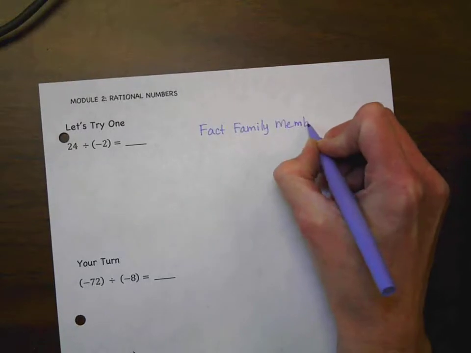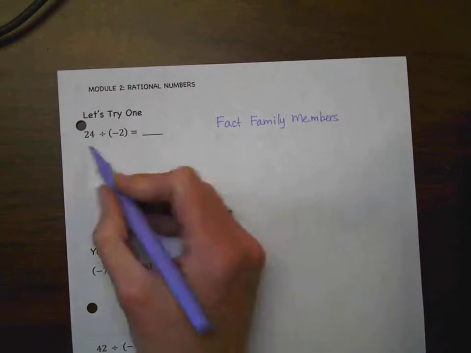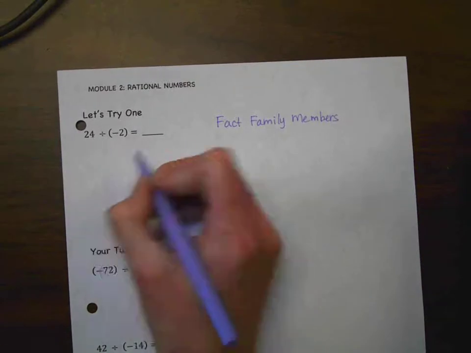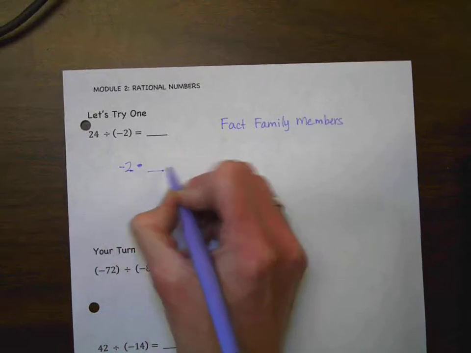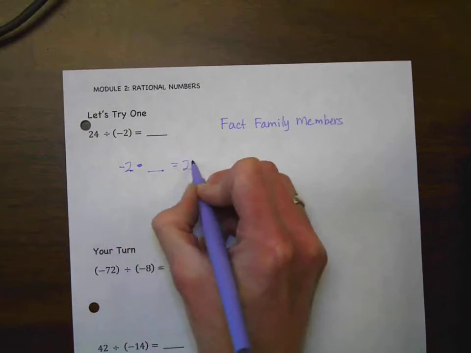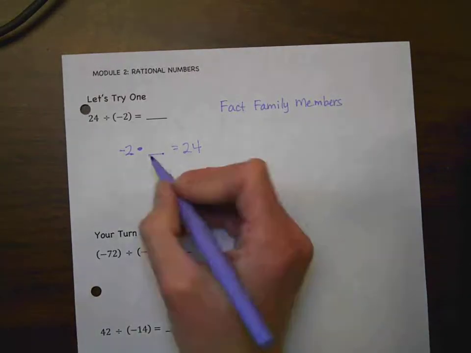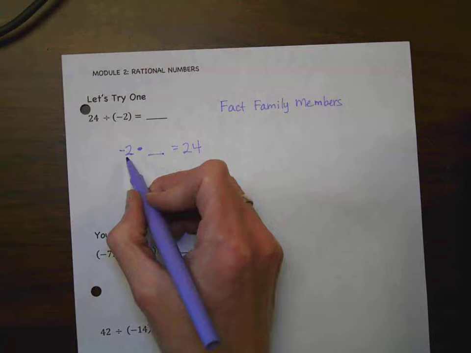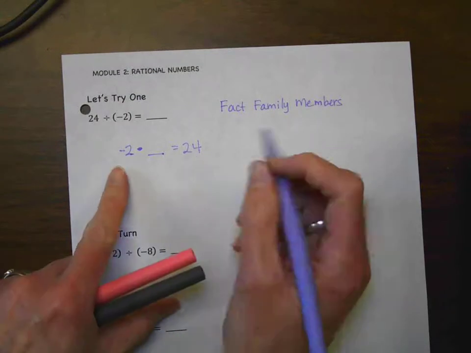Okay, that's our first job. And so we have to ask ourselves some questions because we don't know, but we do know this, that -2 times something is going to give me a 24, right? And so what we have to figure out is what number multiplied by a -2 gives us 24.